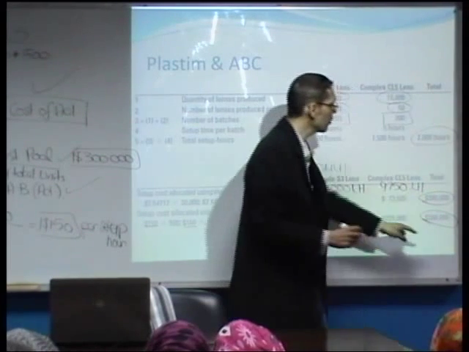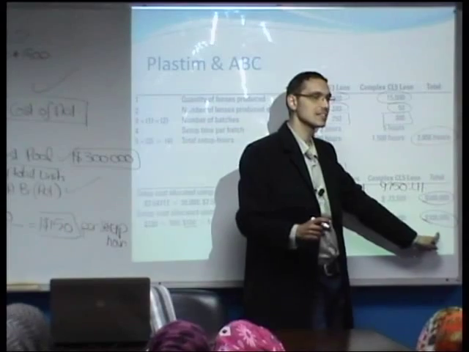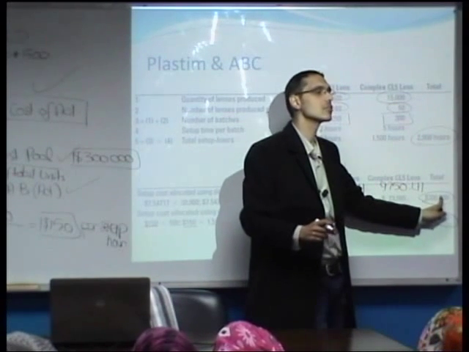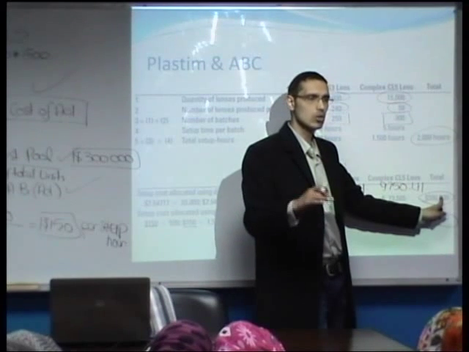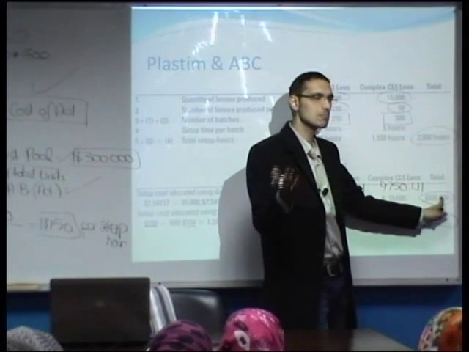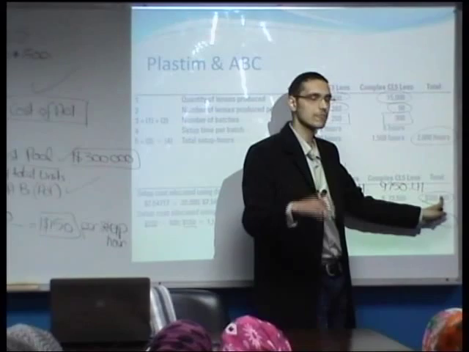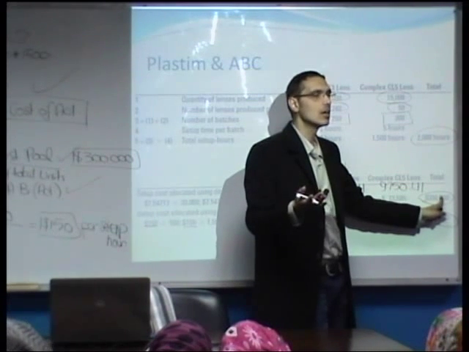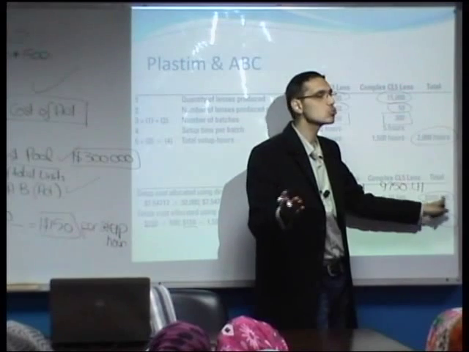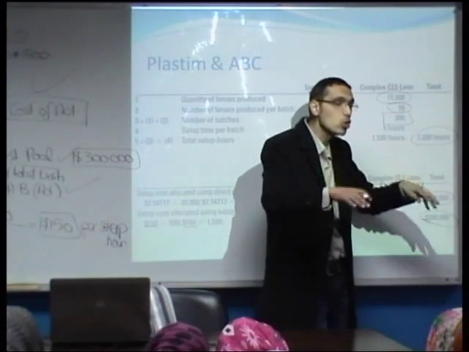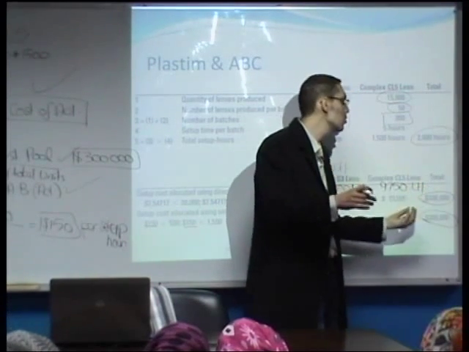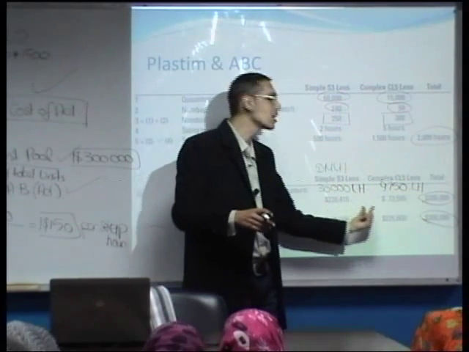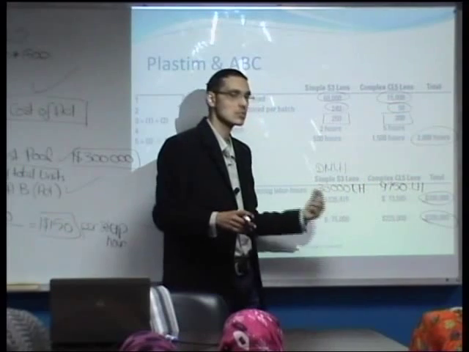As we can see here, the total cost of setting up the machines is 300,000, and here also 300,000. Therefore, the use of different cost allocation bases and different costing systems would not affect the costs itself. It only would affect how we are going to allocate these costs.